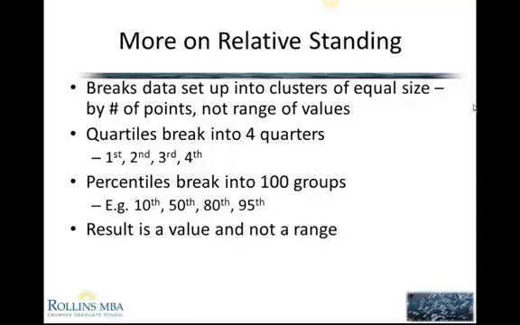Thinking about what they mean and how the data is broken up, it should become clear that the second quartile value and the 50th percentile value should refer to the same value in our data set, because the second quartile value has 2/4 of the data falling at or below it, and the 50th percentile value has 50% of the observations falling below it.